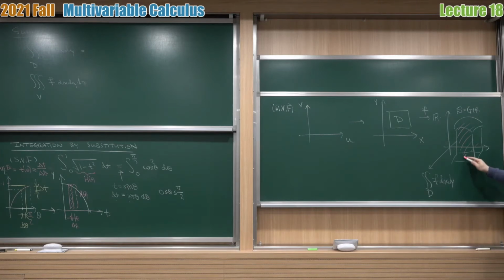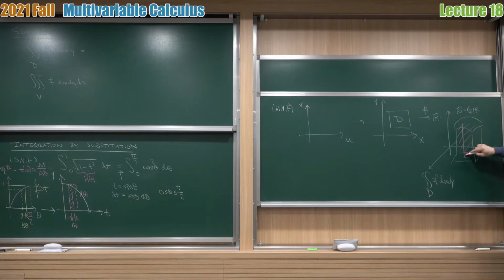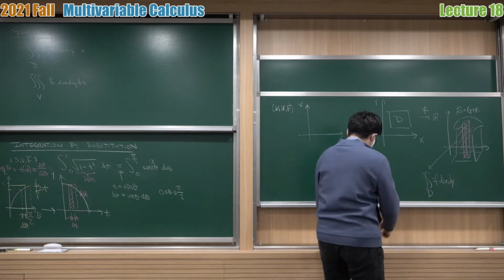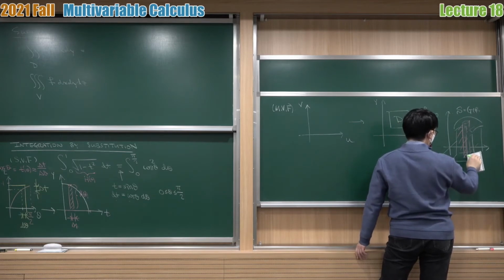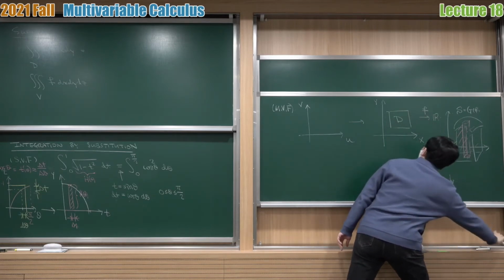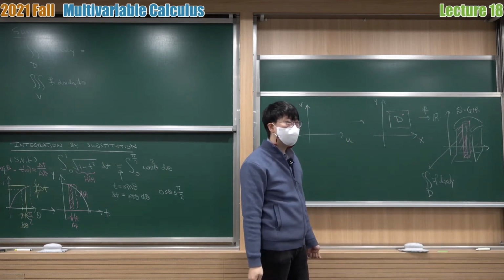Okay, so I'm trying to take a small area or a small subdivision of this domain D, and then take the rectangular cube and find the volume of the small rectangular cube, and then add all up and take the limit and find the volume, right? So I'm doing this, but to do that, I have to specify the point I'm taking inside of this small rectangular domain. So if I take the point here, I can find the height of this rectangular cube, okay?